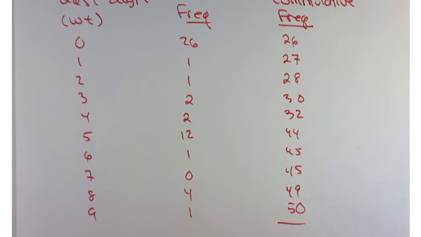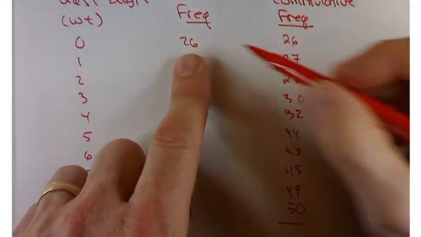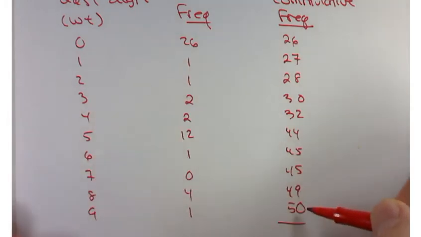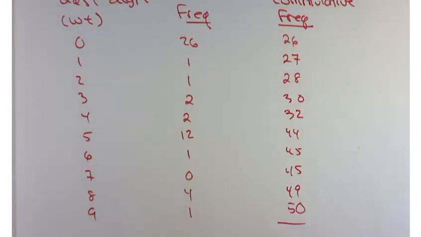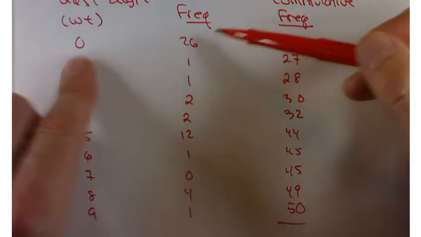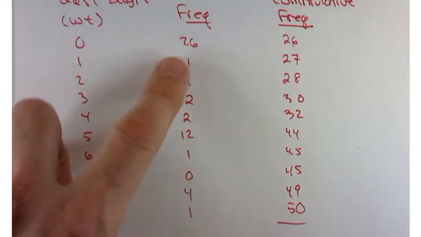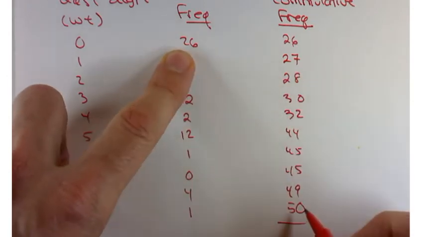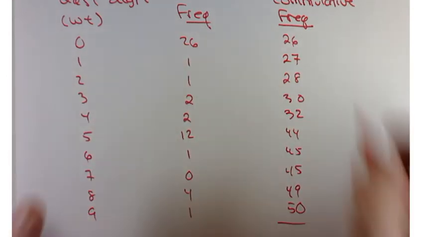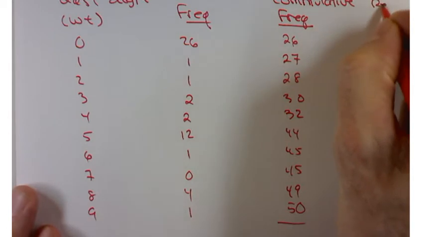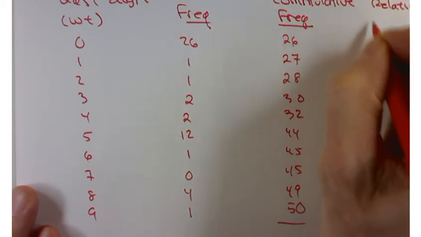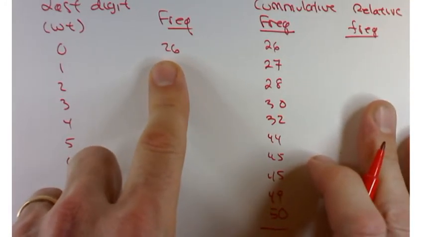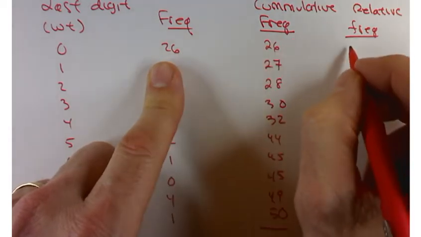Now the fact that you've got 50 people in here makes the next part of this arithmetic very, very easy. If you've got 50 people and 26 of them have a last digit of their weight that was a 0, well, 26 divided by 50 gives you 52%. So you can do the relative frequency. So going back to this number, if you divide this by 50 and multiply by 100, you get 52%.